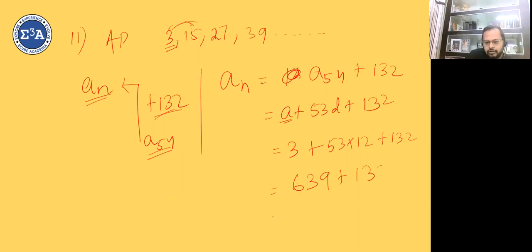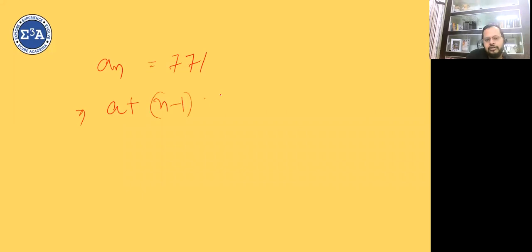Plus 132 is 739, 769, 771, 771. AN is 771. Now we have to find N; AN has come to 771, which implies that A plus N minus 1 into D is equal to 771.